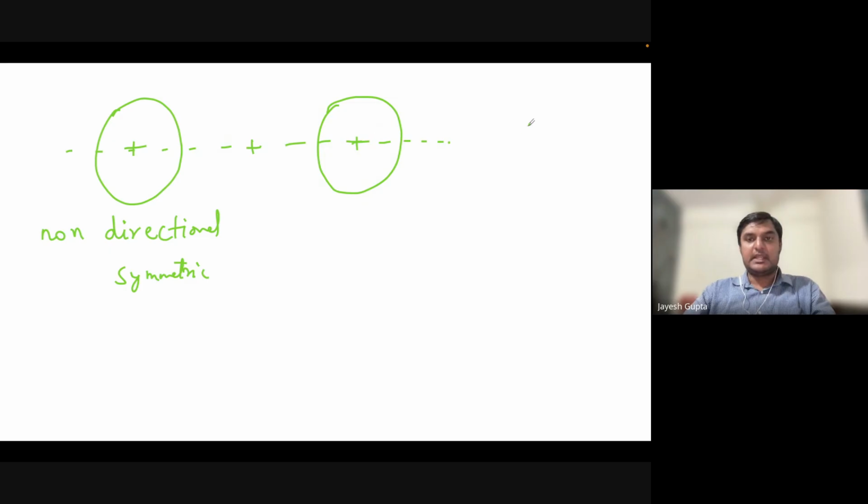So when they overlap, it will look like this. This will be head-on overlapping.